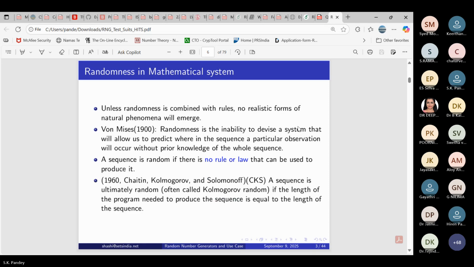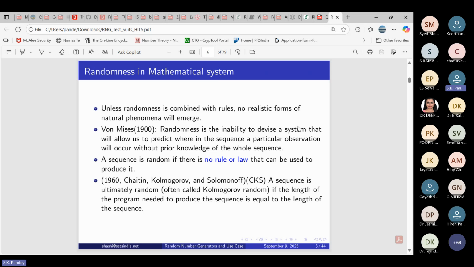So I will just tell about the work of these three people: Chaitin, Kolmogorov, and Solomonoff. They worked mostly on defining the randomness, or you can say the meaning of randomness, in terms of the length of the program to generate the sequence. Because the previous line is just telling that if there is no rule and law, then I can tell that it is random.